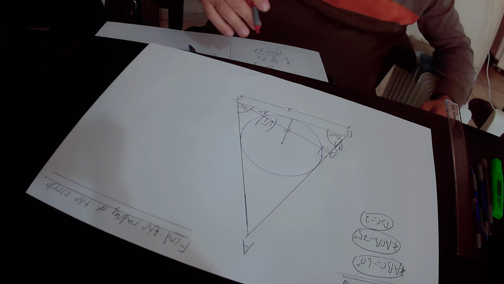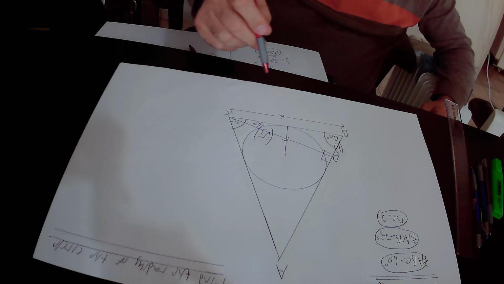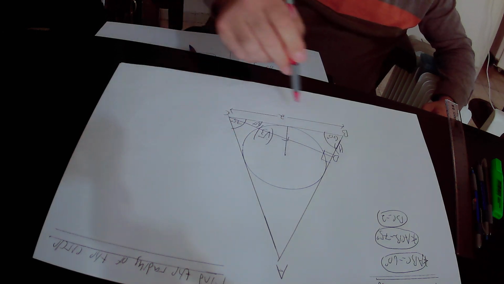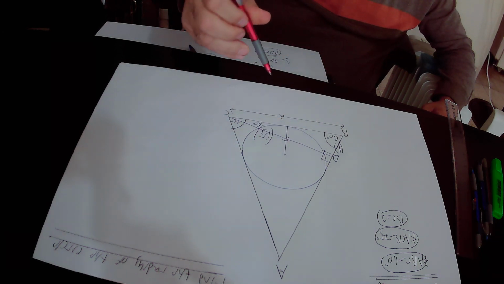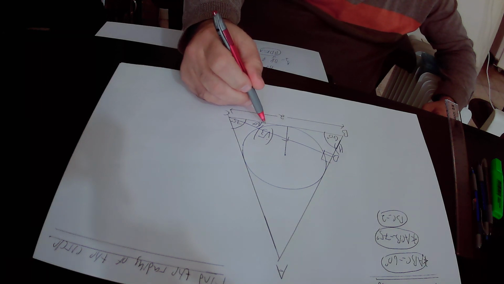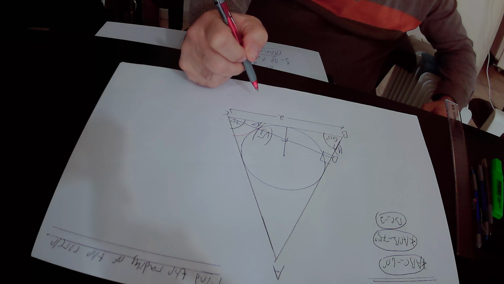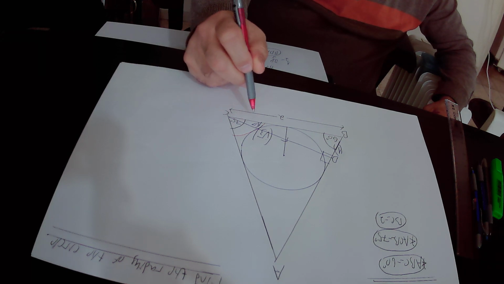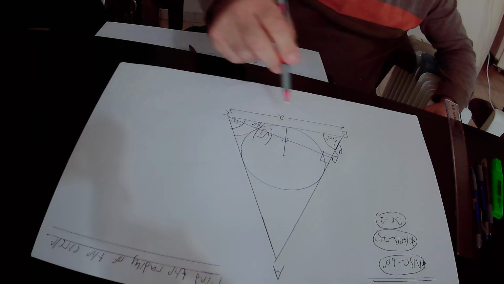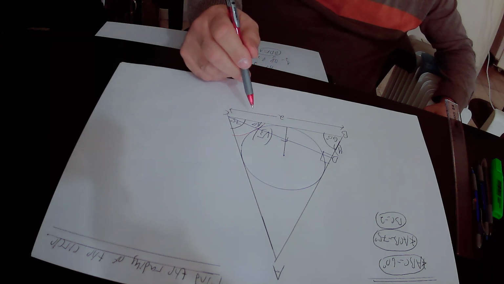It is given in the question that the big angle ACB equals 75 degrees. The small angle BCD equals 30 degrees.